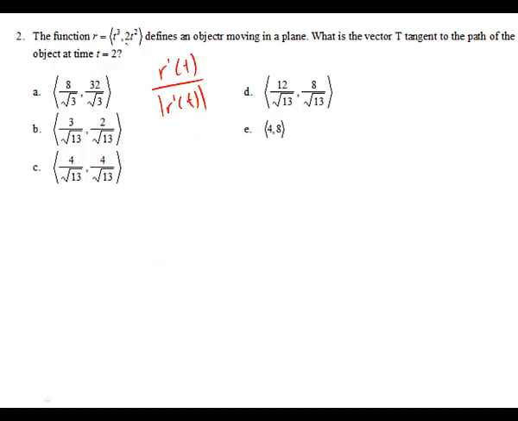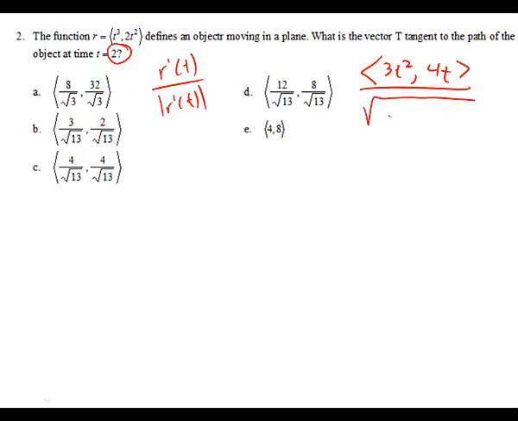All right? So, what is the derivative vector basically to start with? 3t squared and then what? 4t. Okay, so that's your numerator technically. We're going to split it up here in a second, right? And then the denominator is the magnitude evaluated at 2. We're going to eventually evaluate the numerator at 2 here too. I don't know why they showed it to me separate, but they did.